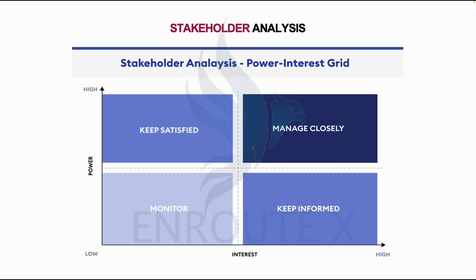Then we have what we call the stakeholder analysis, and this is a power-interest grid, which tells us about power on one side and interest on the other side. How do you manage stakeholders where some have high power and some have high interest?